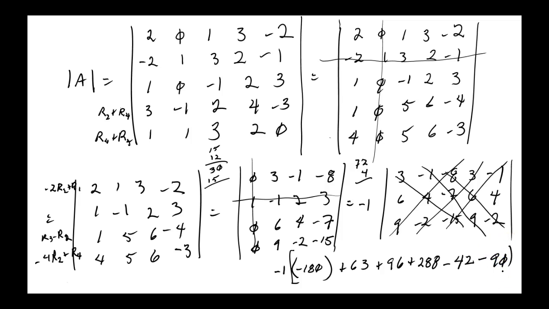All right. So let's add our positives together. I wish I had a calculator. 288 and 96 will be 384, and 63. 384 and 63 is 447.